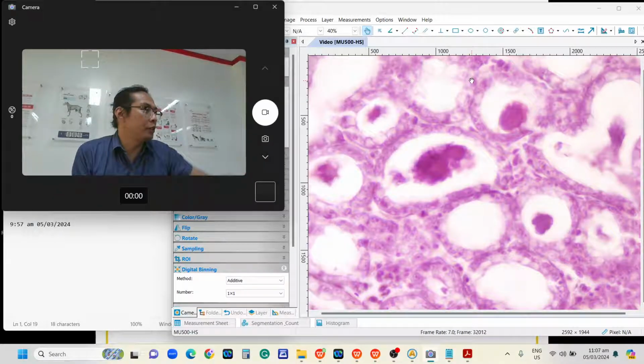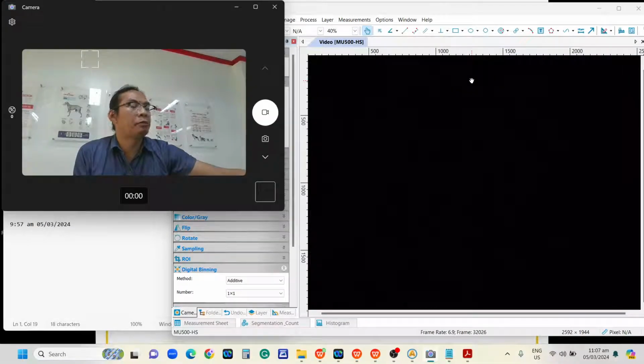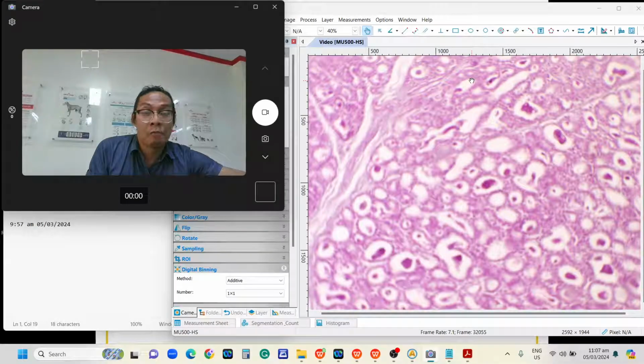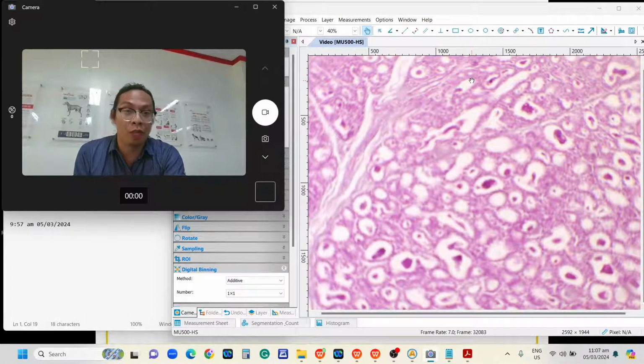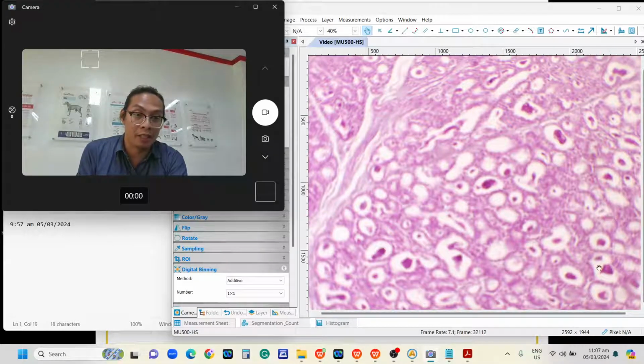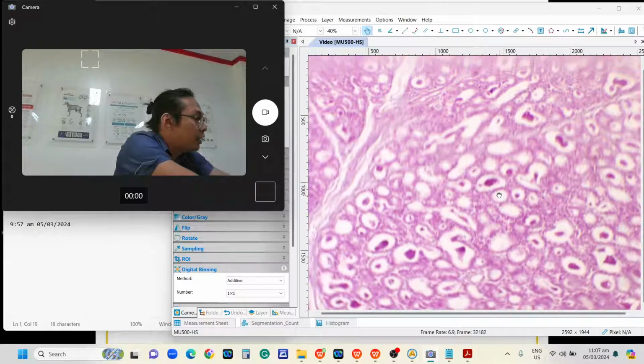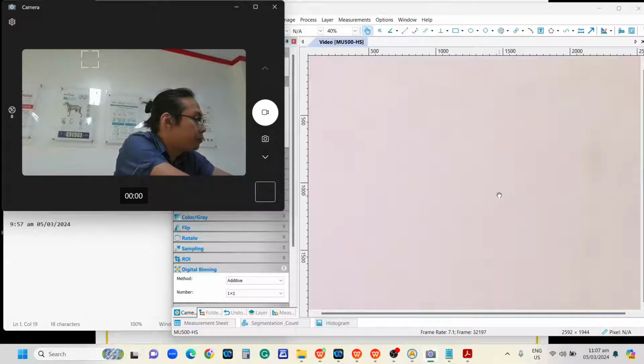Okay, now kung again tingnan natin siya sa much lower objective, bilog-bilog yung kanyang acini. So wala tayong makitang tubular structure na may lamang milk. Okay, so ibig sabihin siya ay isang alveolar or acinar gland. Let's compare it to a compound tubular gland.